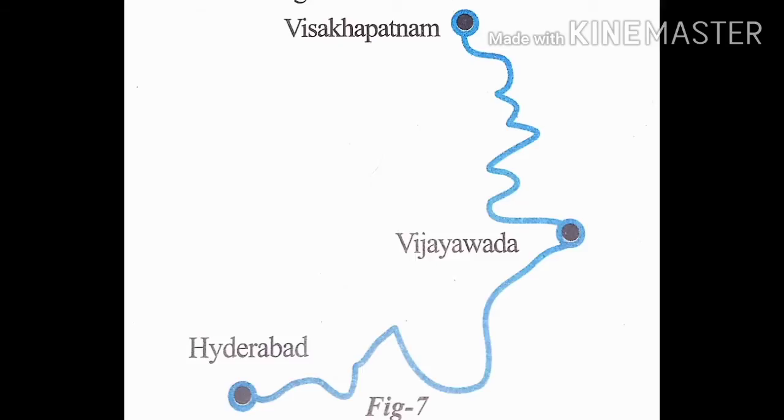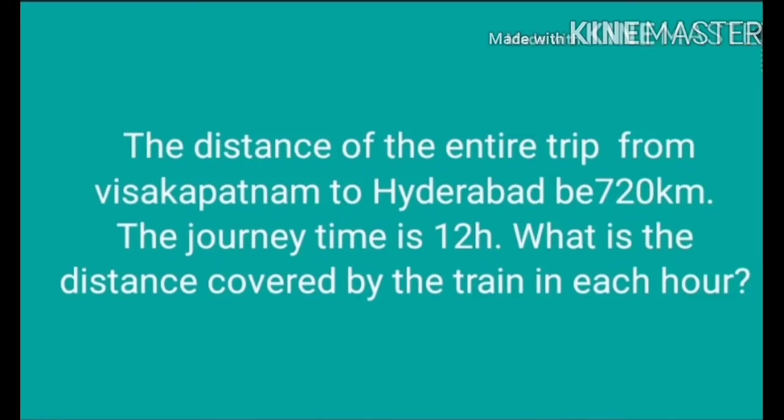Here, displacement vectors are from Visakhapatnam to Vijayawada, Vijayawada to Hyderabad, and from Visakhapatnam to Hyderabad. Let's say the distance of the entire trip from Visakhapatnam to Hyderabad is 720 kilometers.